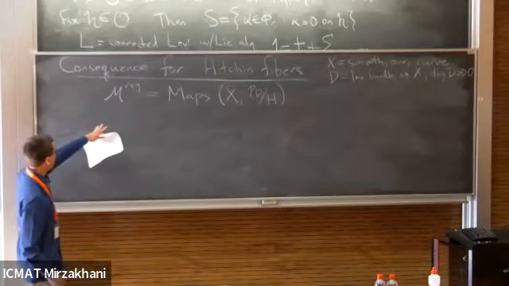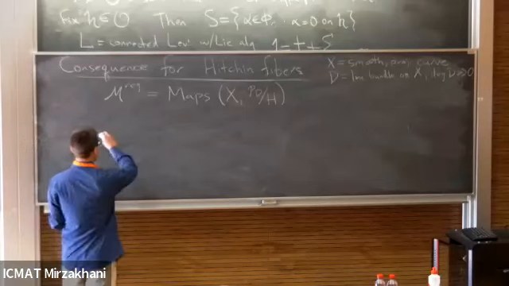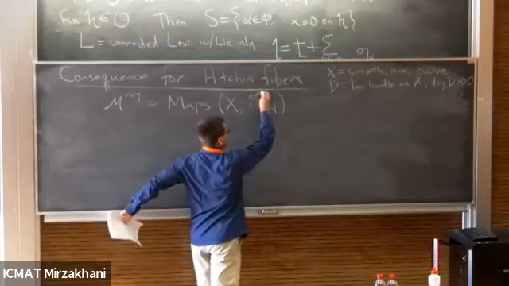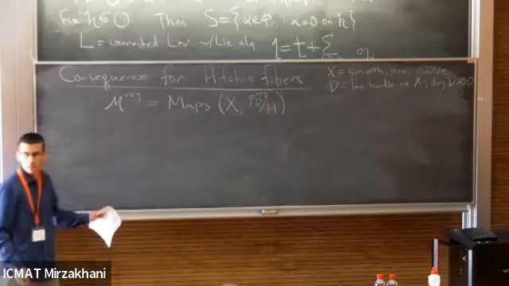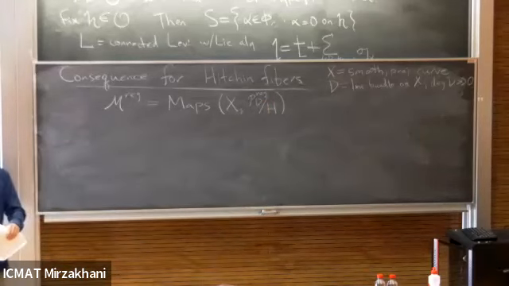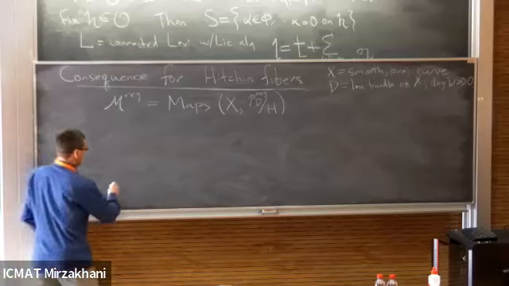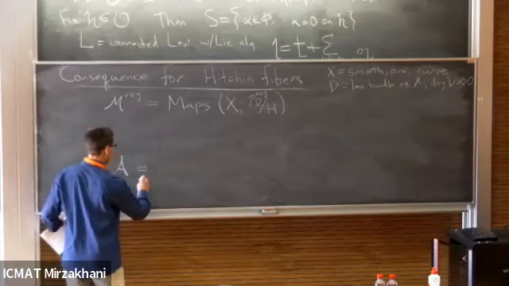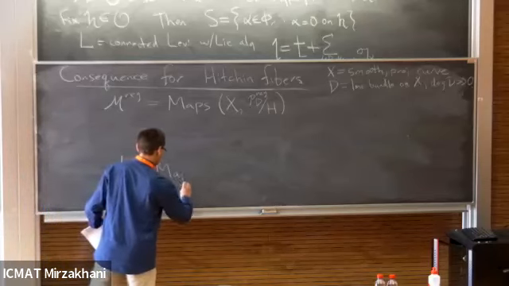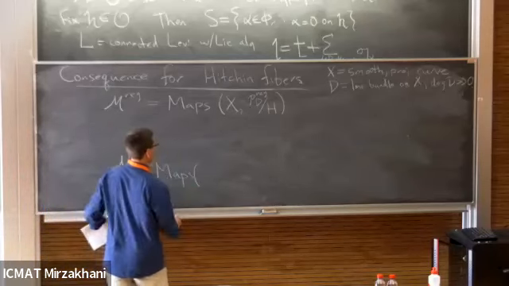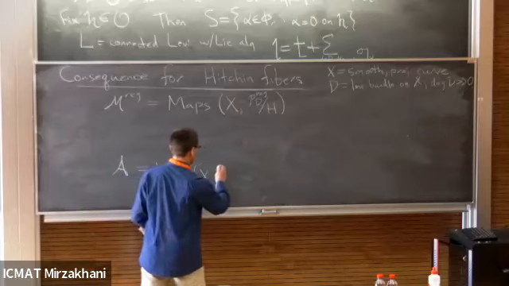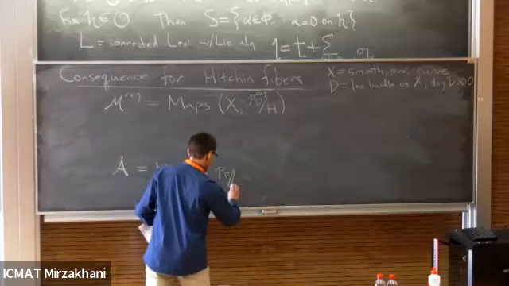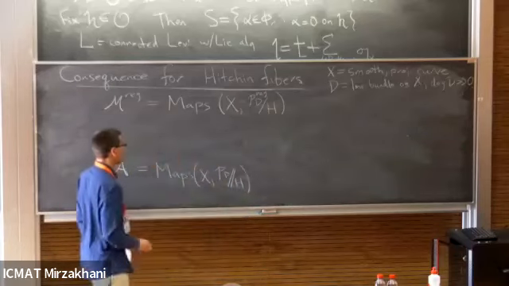Then I have this regular part, where reg means that I'm going to land inside the regular locus of the stack. And I have my Hitchin base here, which is given by maps from my smooth curve X to the twisted quotient.